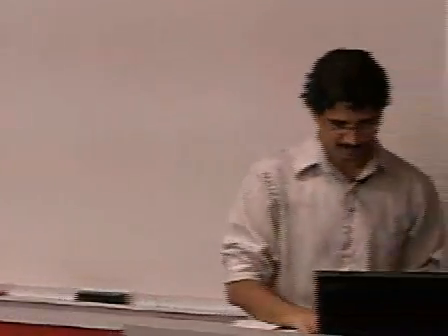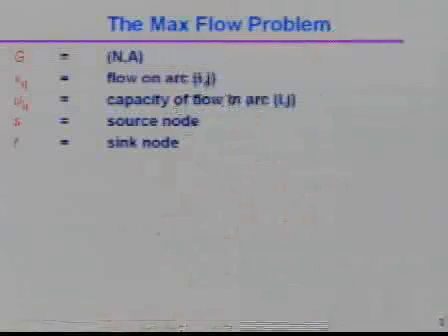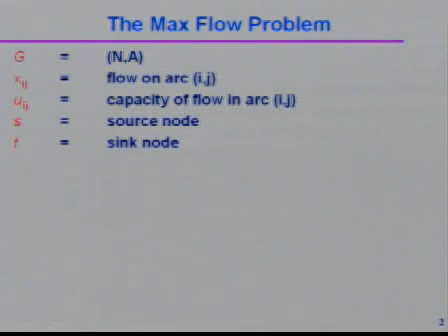Okay. So here's the problem itself. So you're given a graph G. The xij's we'll use to represent the flow on arc ij. Okay. So as always, we look at what are called directed graphs. So you have nodes and you have arcs, which are edges with directions. Every arc has a certain capacity, uij.